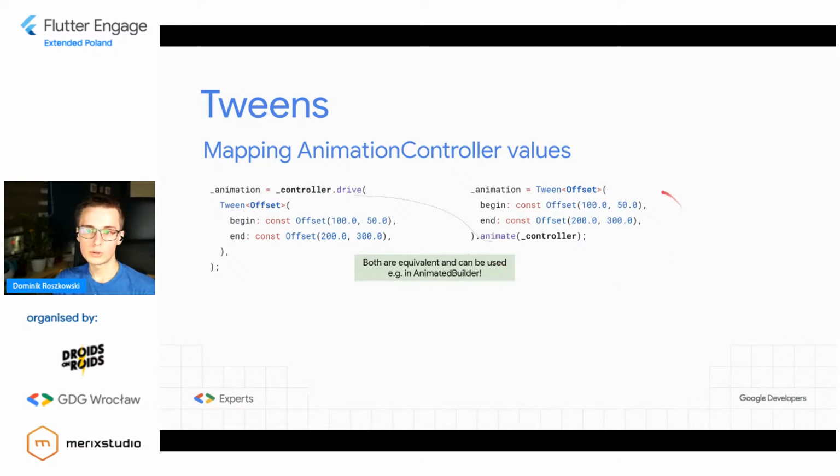But you can also have a Tween somewhere in your app and animate the Tween based off of the controller. So both of these ways are correct, and I always had problems deciding which one to use. And finally, I just concluded that this is more obvious to me, but these are equivalent, and you can use both of them.